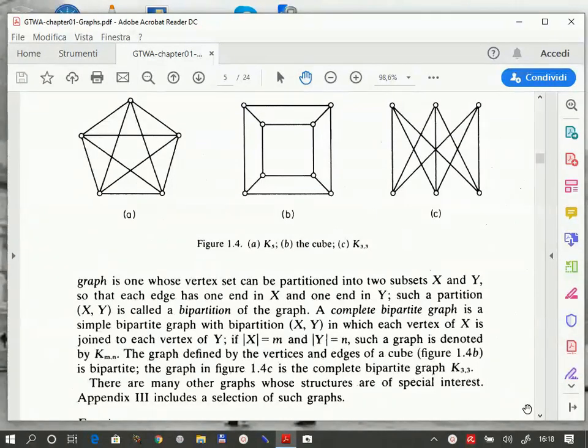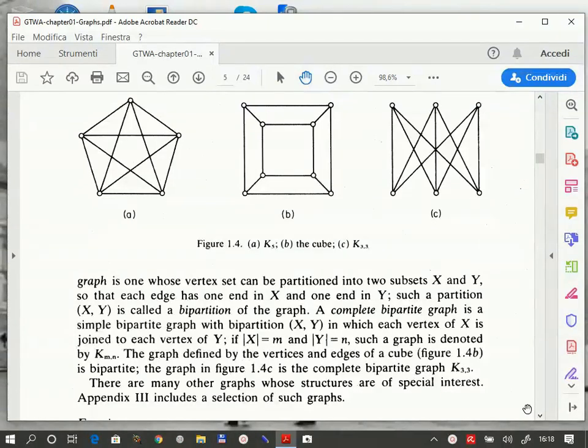and it's rather easy, with this drawing, to see that it's bipartite, because we have it physically drawn like this.